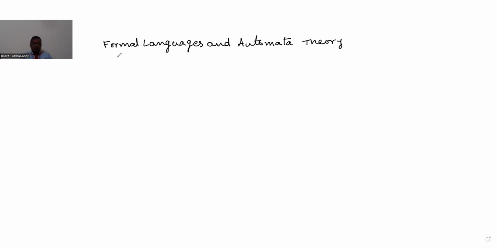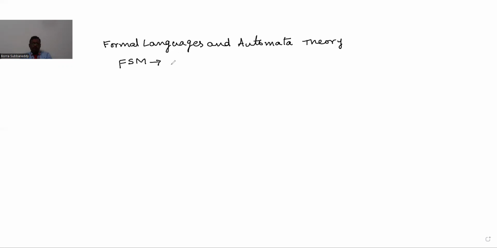In today's lecture, I am going to explain structural elements of finite automata. Before learning automata theory, first, what is the basic definition of finite state machine?